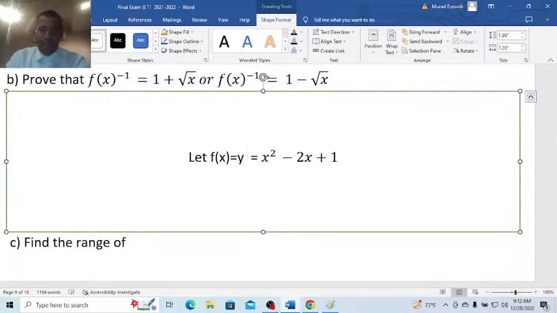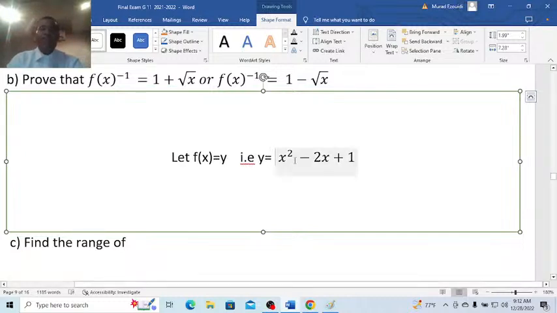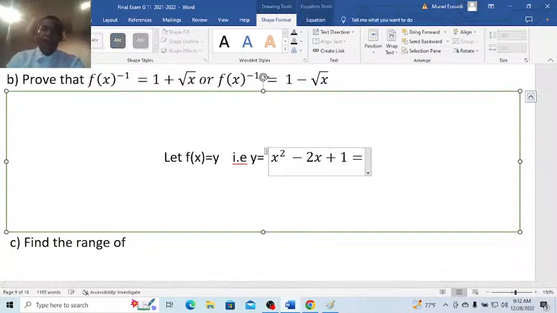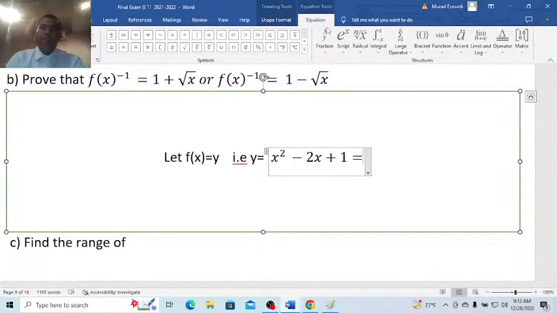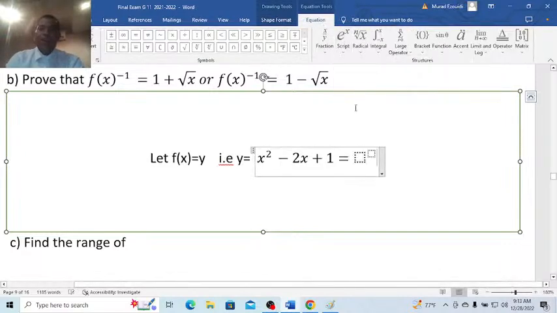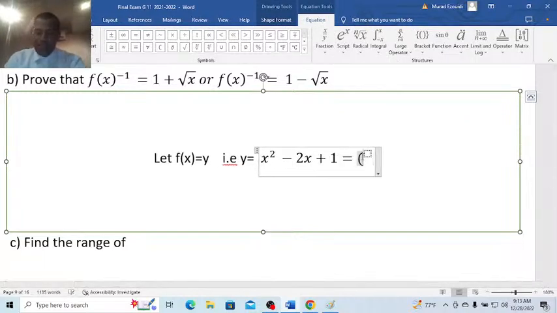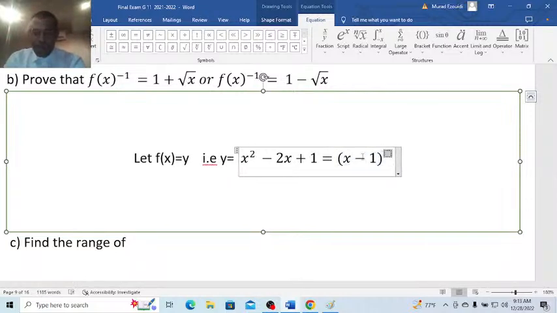Equal y means that y is equal to x squared minus 2x minus 1, or I can write this as x minus 1, all squared, to the power 2.